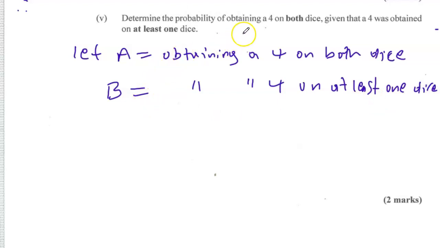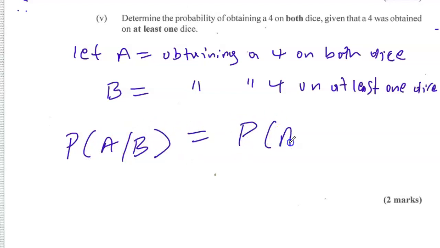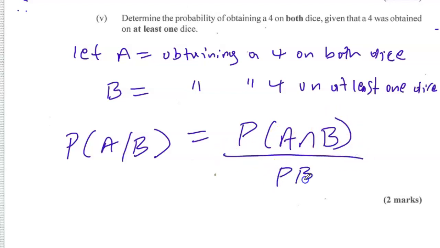So we are asked to find the probability of A given B, and this is equal to the probability of A intersect B over the probability of B. So the probability A intersect B, we already found that, and that's the probability of obtaining a 4 on both dice.